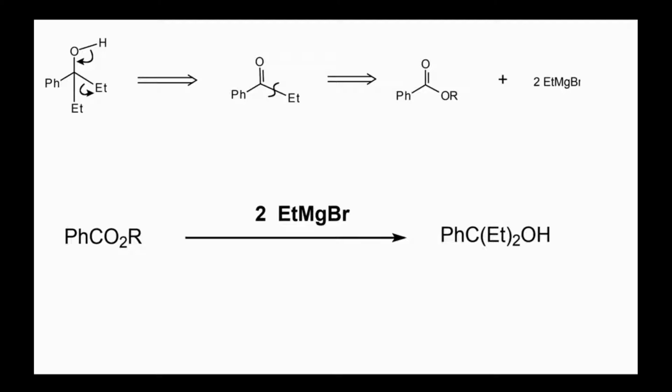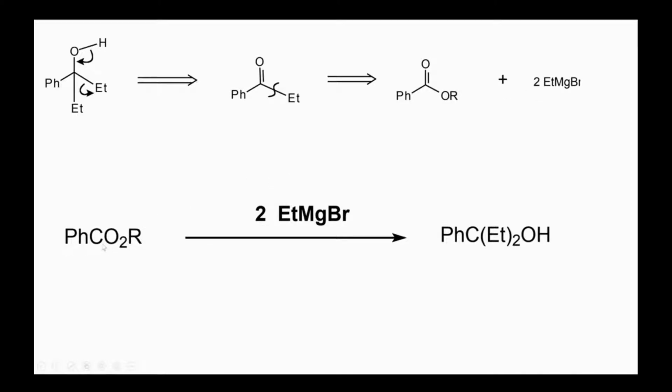Okay, here is another example. You have a tertiary alcohol, but the difference in this compound is that you have 2 similar side chains, that is ethyls. So what you can do is either you go from ketone to ester by disconnection, or you can disconnect both ethyls at the same time and make one part ester, and then the next part becomes Grignard reagent.